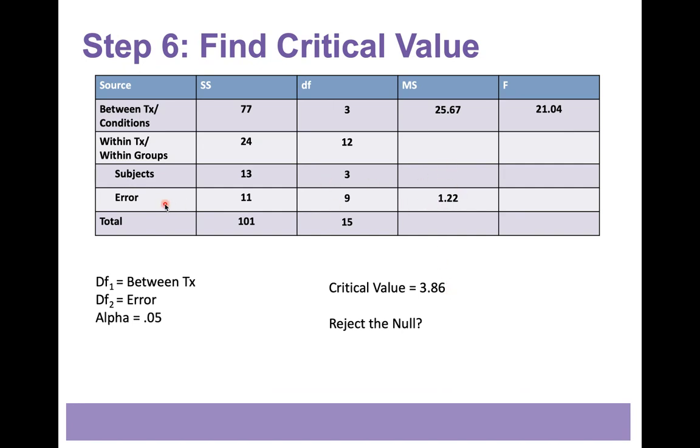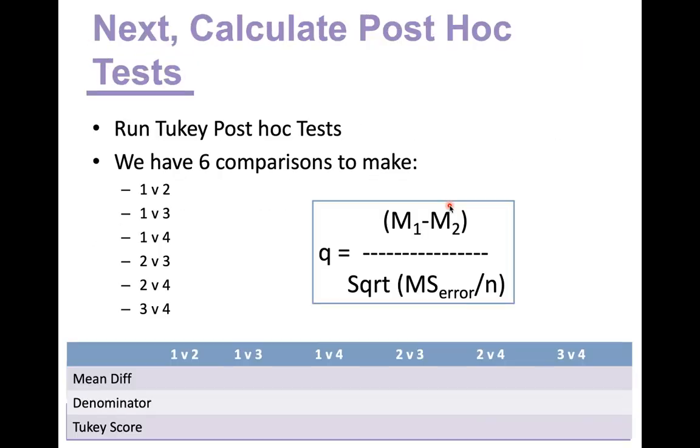The mean squared error was 1.22. So we take 1.22, divide by little n, which was 4, and then we take the square root of that, and we get 0.56. So 0.56 becomes the denominator for each of our Qs. Make sure that you know where that number is coming from. Go ahead and take a second if you need to pause and do that calculation for yourself.